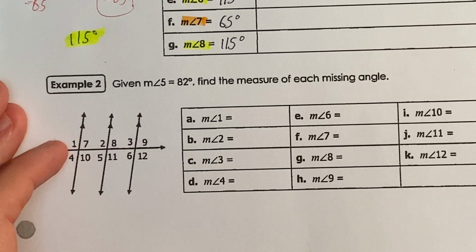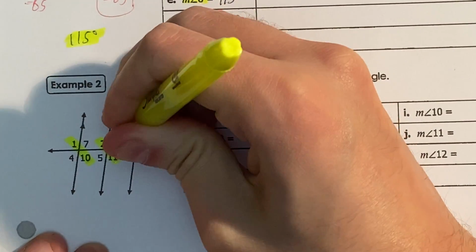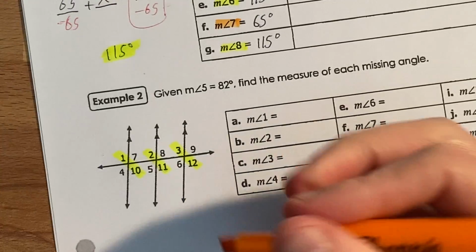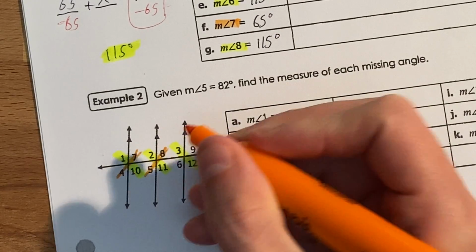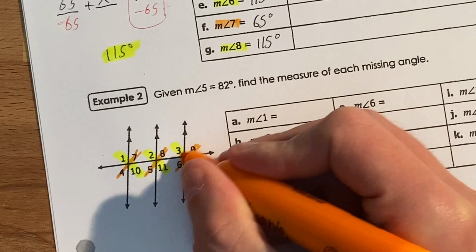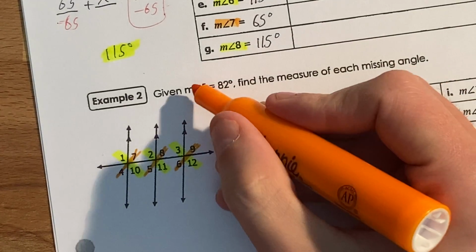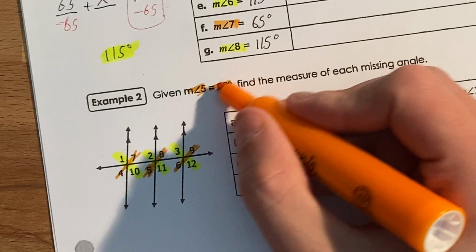So in this one, we got 1 and 10, 2 and 11, 3 and 12 all being the same. And then 4, 7, 5, 8, 9, 6, all being the same. It looks like angle 5 was an orange one.